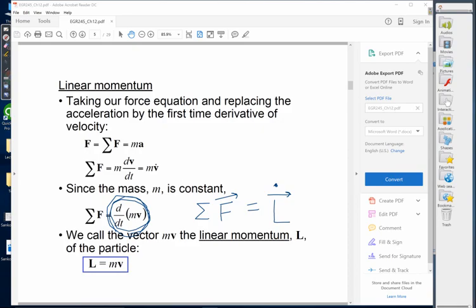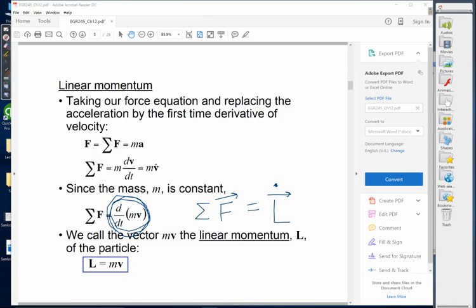Linear momentum, if you think about it, is mass times velocity. So what it really represents is a tendency for an object to just keep moving in the direction that it's got a velocity in. Okay? So what I mean by that is this.